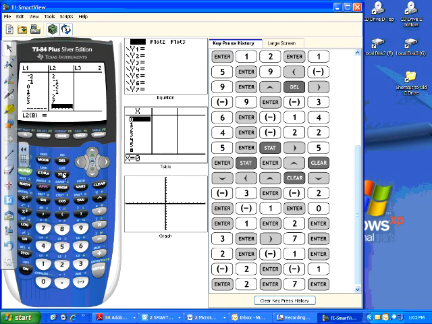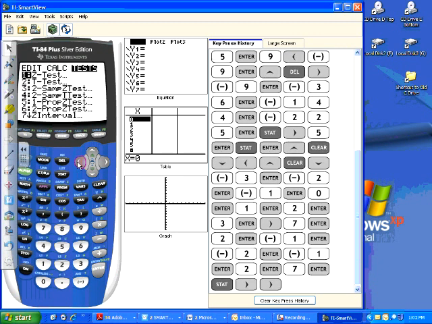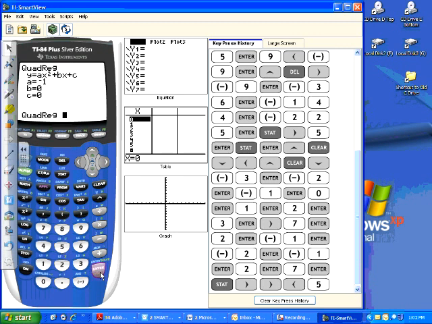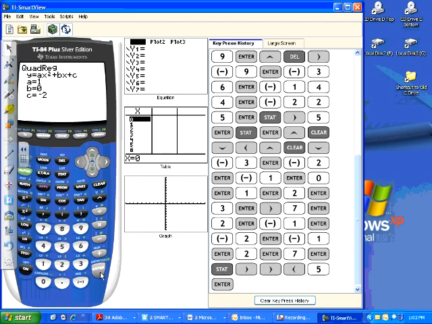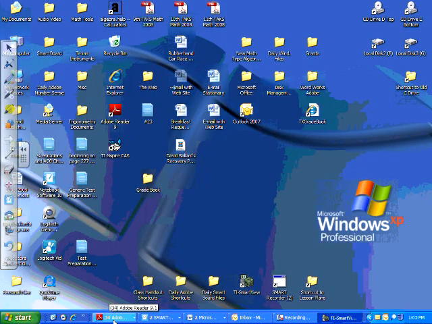I'm going to go to stat, arrow to the right to calculate. I know it's a quadratic, number 5. Enter. And so my answer is 1x squared, which we understand, and the 0 for the linear term is gone, then minus 2. So I have x squared minus 2.